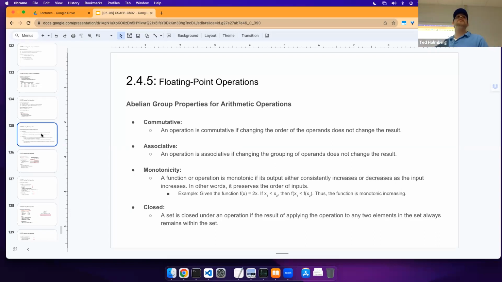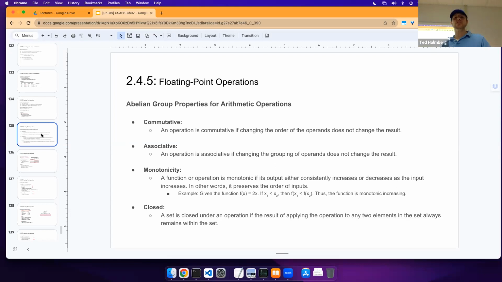But first, let's define some definitions so we can articulate how this is different. Is everyone familiar with the abelian group properties for arithmetic operations? So, what it means to be commutative and associative, and to be monotonic, and for a set or a value to be closed.